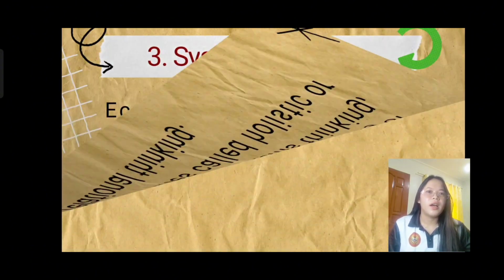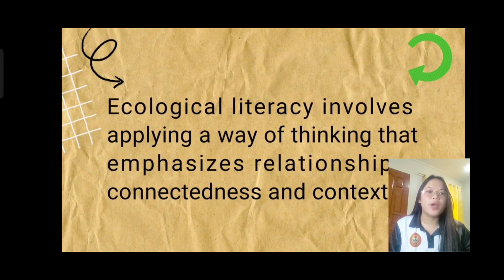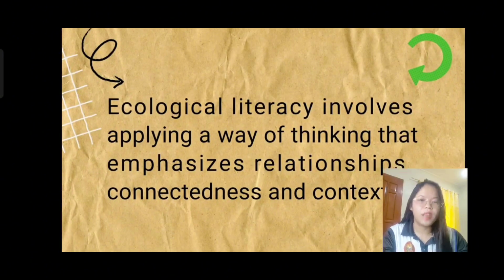And ecological literacy involves applying a way of thinking that emphasizes relationships, connectedness, and context. So, systems thinking in ecological literacy means looking at the big picture and understanding how everything is connected. So, kind of like putting puzzle pieces together.